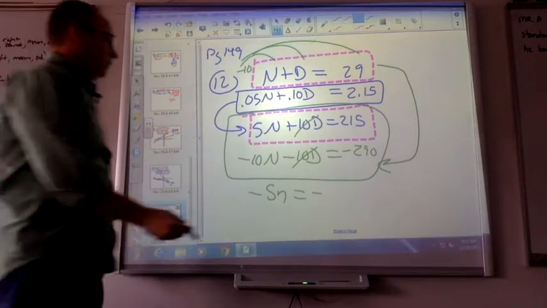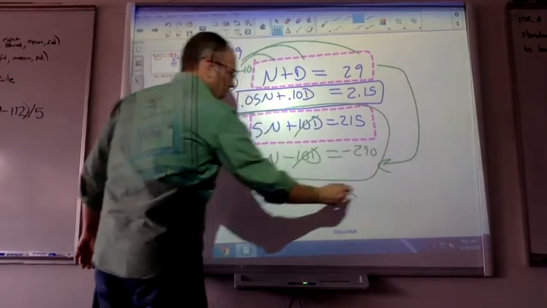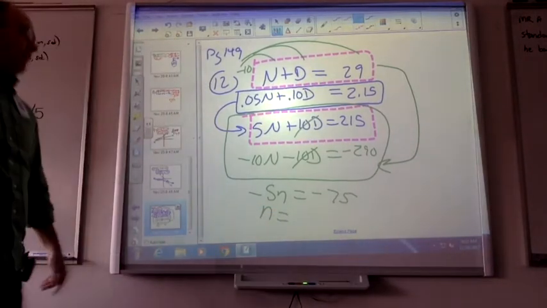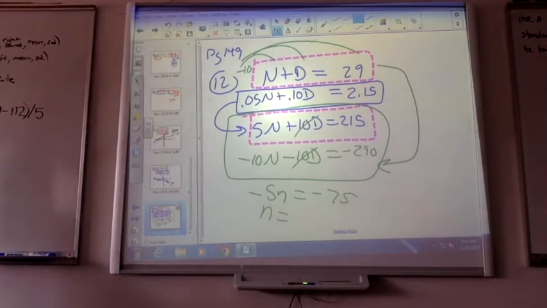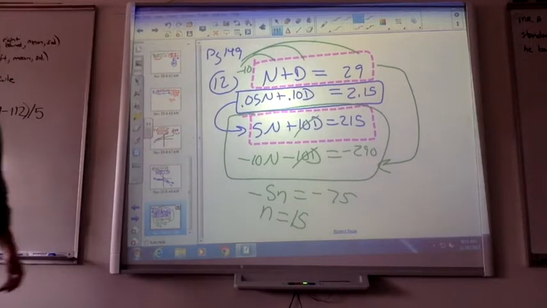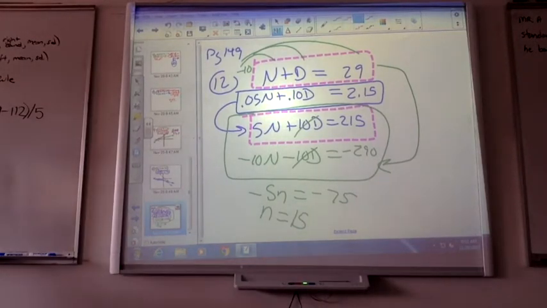Negative divided by negative is a positive, so 75 divided by 5 is 15. So I have 15 nickels. How many total coins did I start with? 29 of them, right?